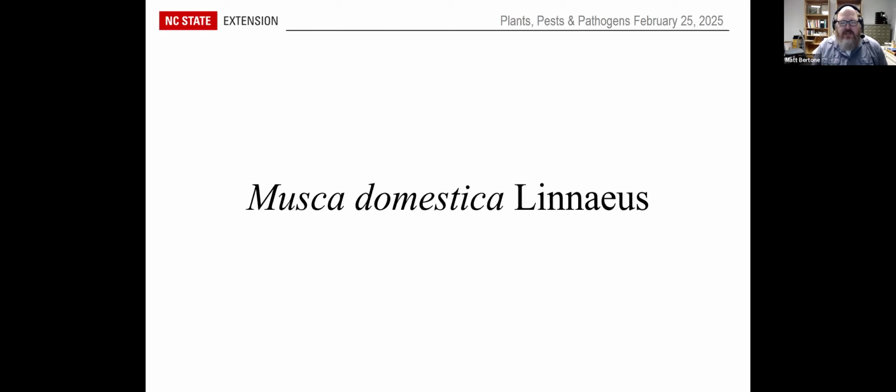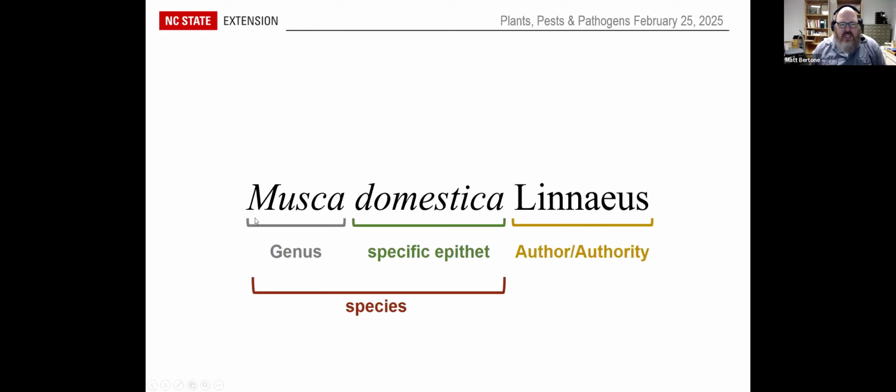But here are the components. So basically you have a genus, you have the specific epithet, and the author or authority. So Linnaeus described a type of thing in the genus Musca and the species domestica. And when we actually talk about a species, we're talking about this whole combination, Musca domestica.